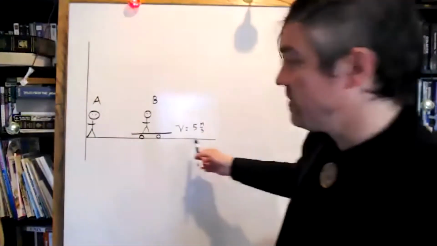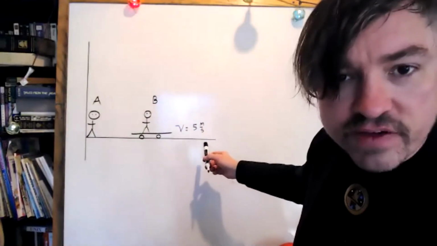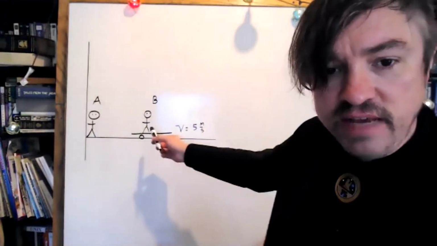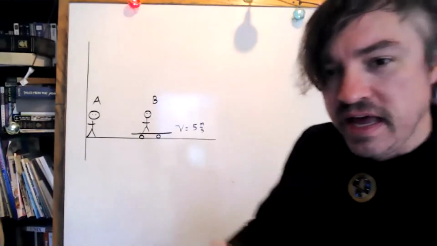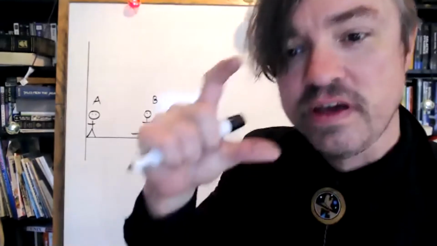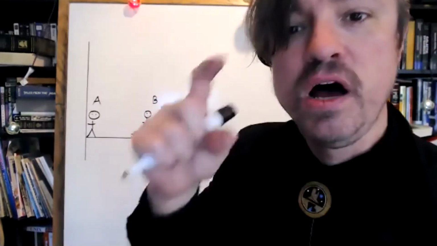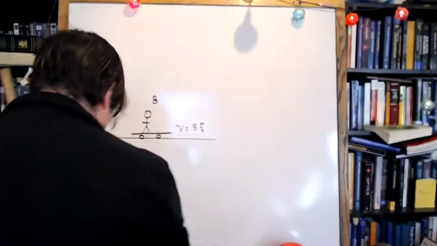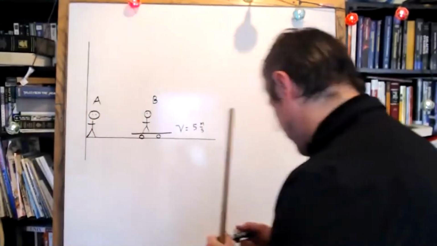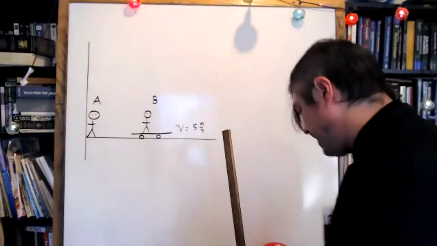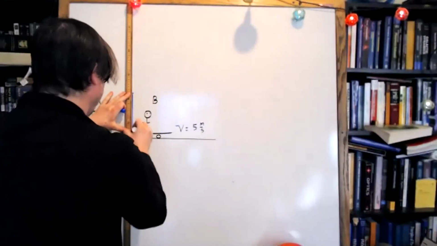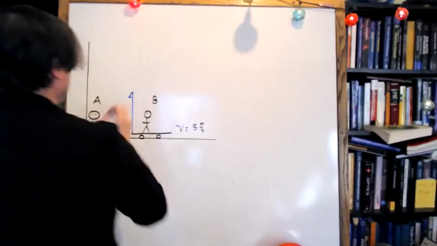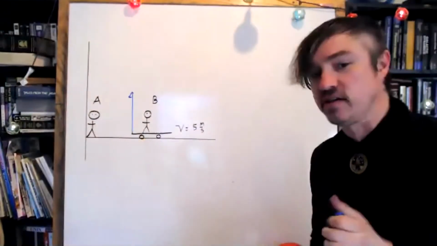We have a coordinate system constructed by A, the classroom system. And if you think about it, B is on his own little cosmic journey through space, and B constitutes a different coordinate system, a moving coordinate system. If I was weird enough, if I was weenie enough, I could attach a little flagpole to his skateboard, and that flagpole could be a kind of origin or an axis point.